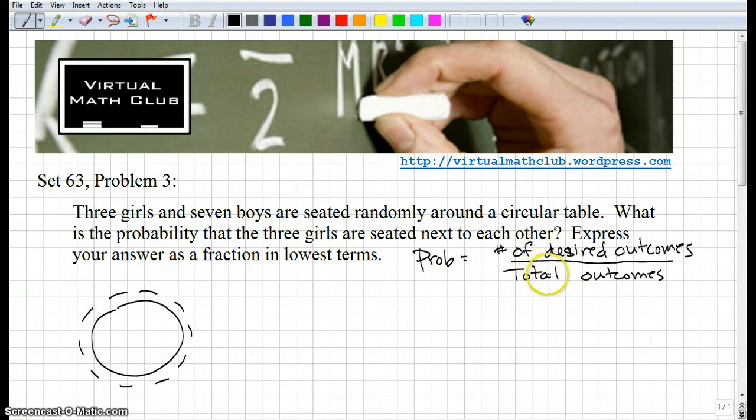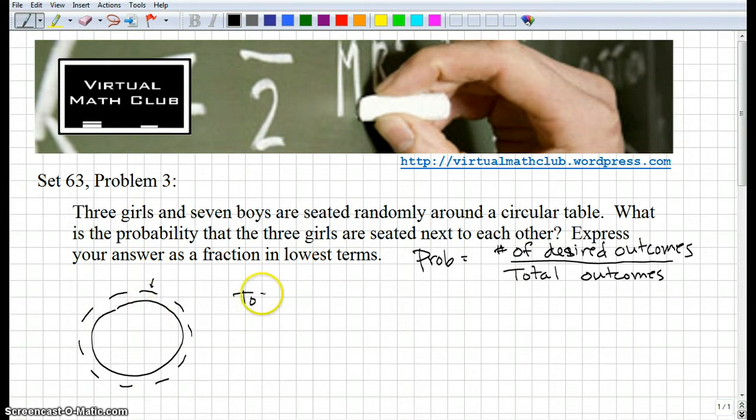So the total number of outcomes, that's not too bad because we've just got 10 kids, and if we don't have any restrictions on where the kids sit, we'll just start at one of the chairs and assign one of the kids that chair. Let's say we start with this chair right here. We've got 10 kids to choose from.